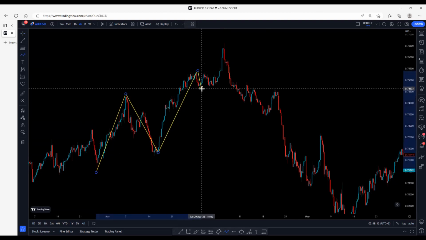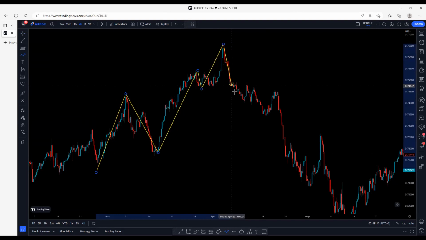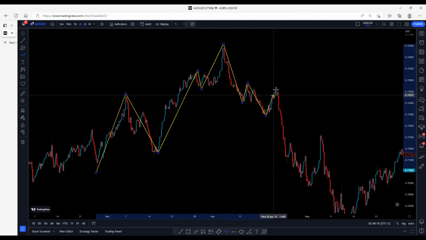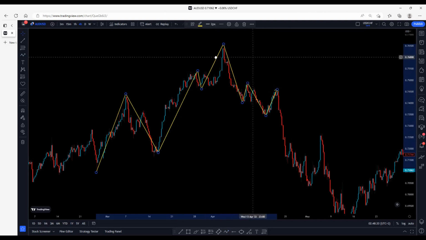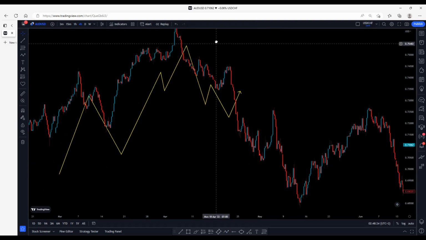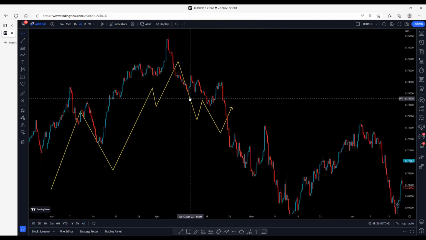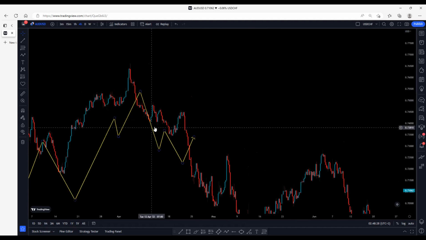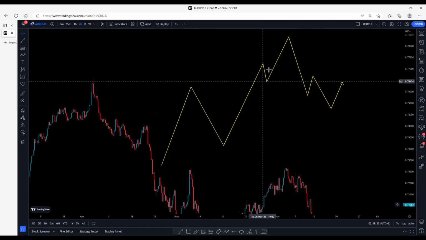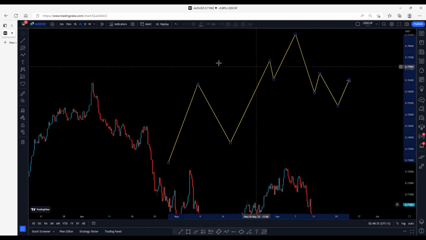Now it's also important to stick to what works for you. That one is very important, because when you're trading, you're not really trying to prove a point. You go for what works for you.